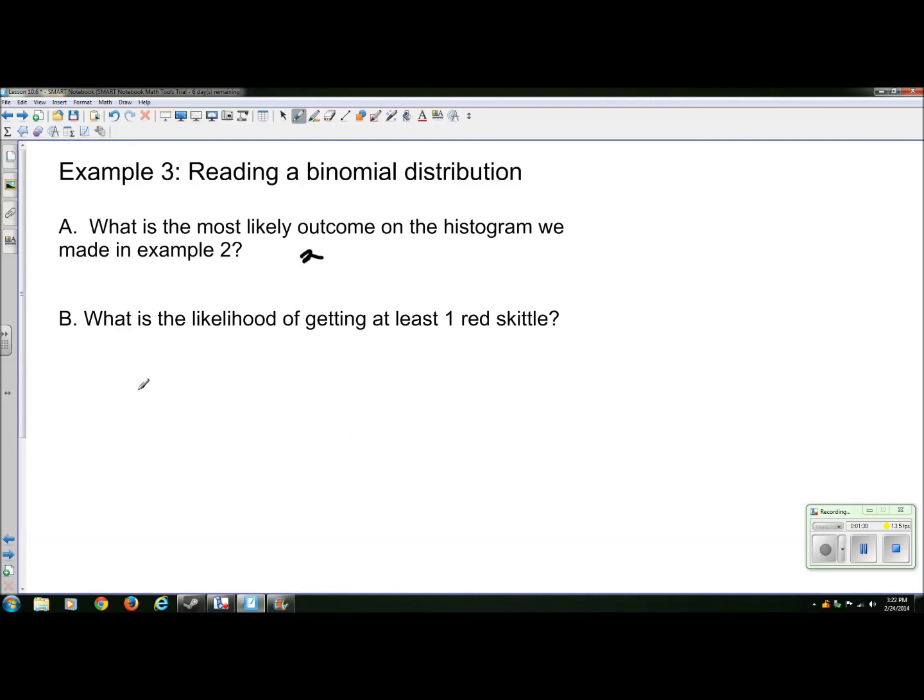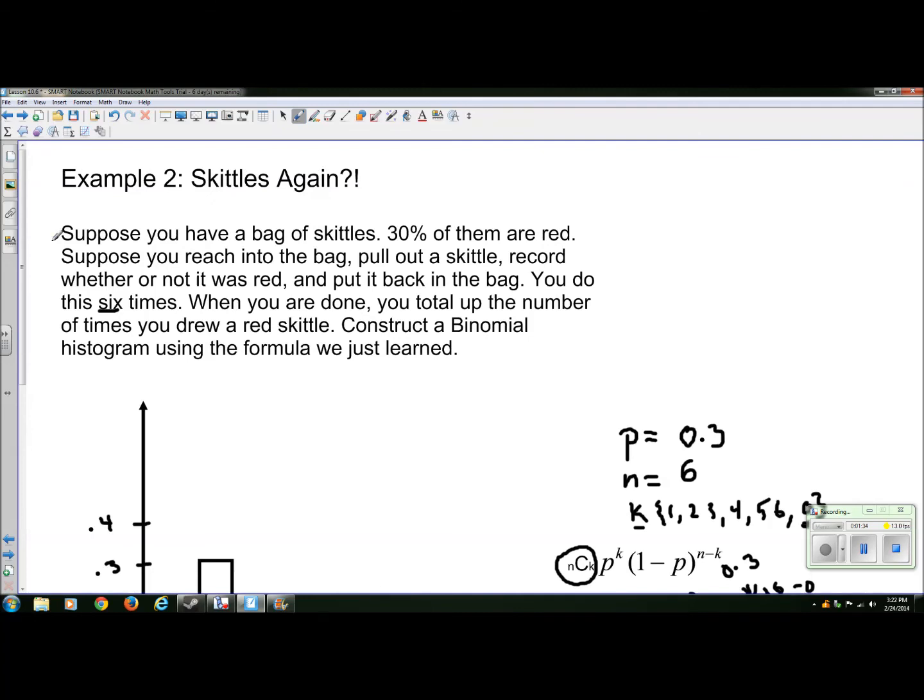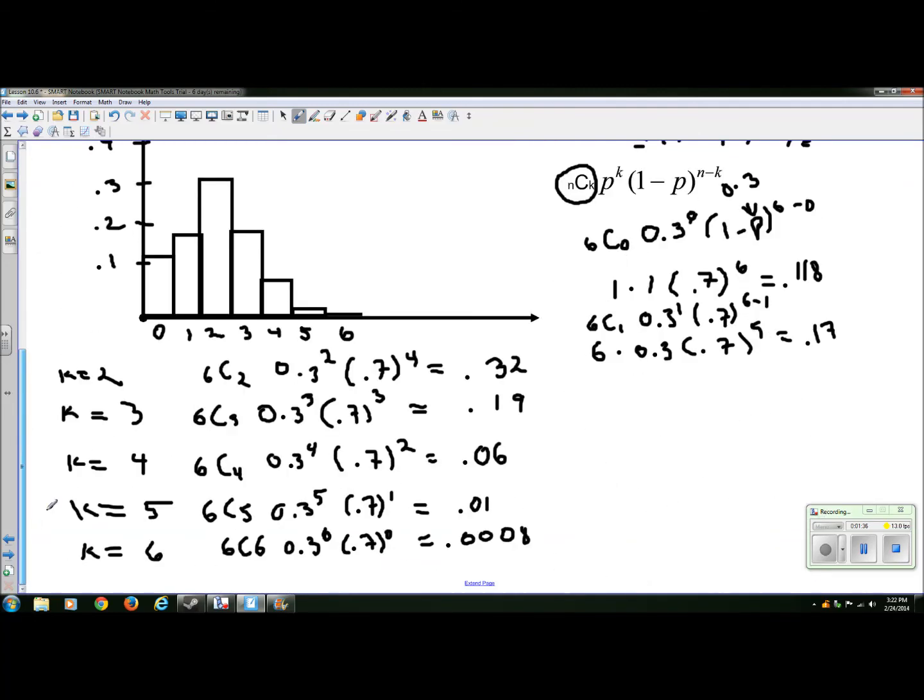What is the likelihood of getting at least one red Skittle? Well, again, let's go back to this thing. We could say, okay, at least one red Skittle, so that's the probability of getting one red Skittle, that's this guy here, plus the probability of getting 2, plus the probability of getting 3, plus blah blah blah. We could add all those up except for the 0 one, and that would give us the probability of getting at least one.